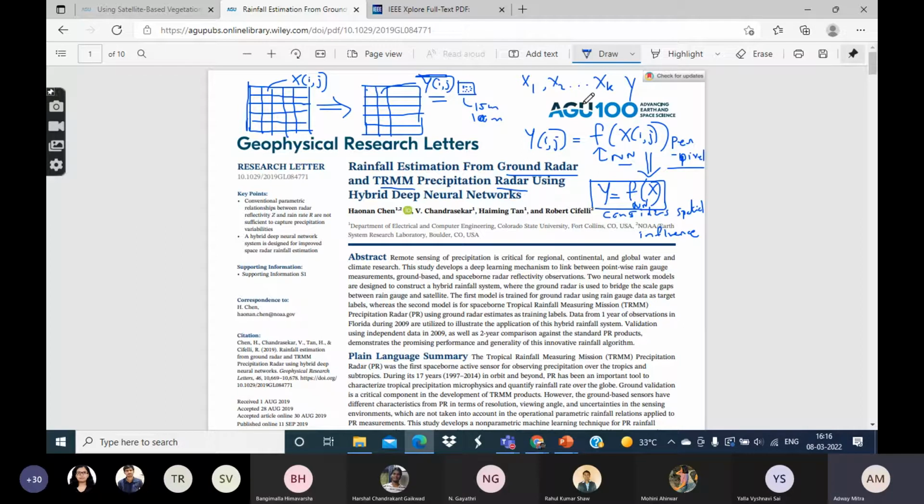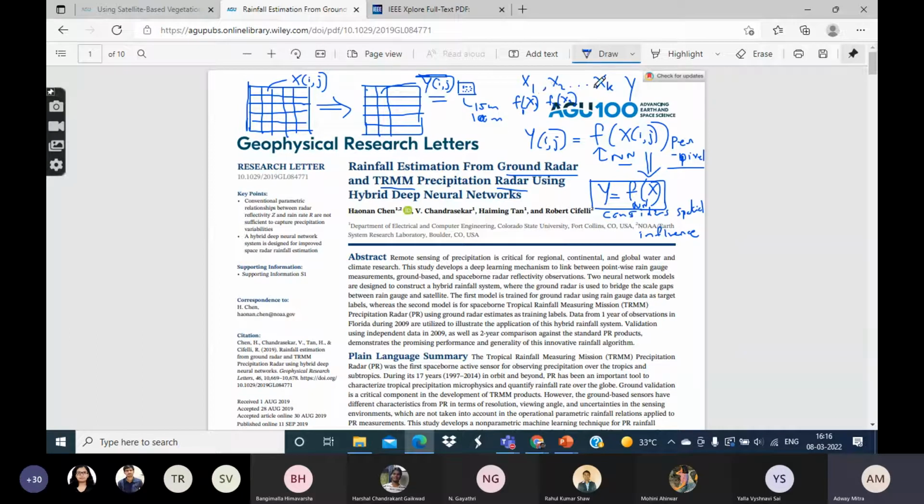So let us say I build a model f1 which predicts y from x1, f1 of x1. But similarly for x2 I will need a different model, let us say f2 of x2, and so on. So basically we will get an ensemble of different models, and I will somehow have to utilize these different models to estimate the y.